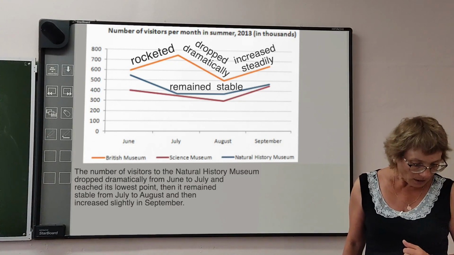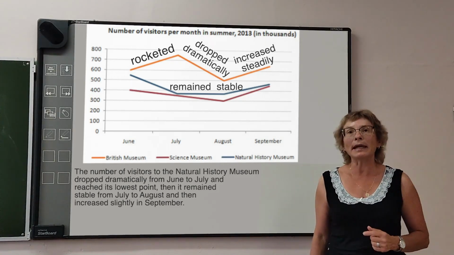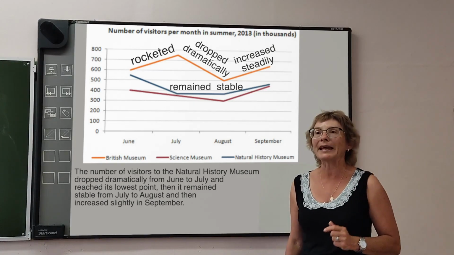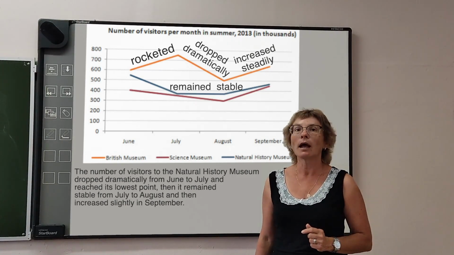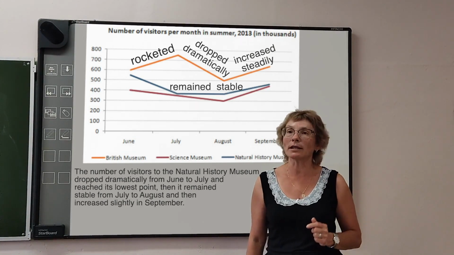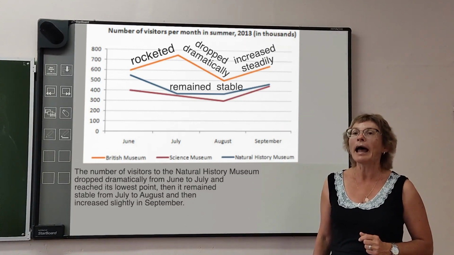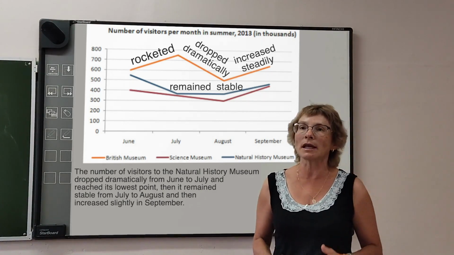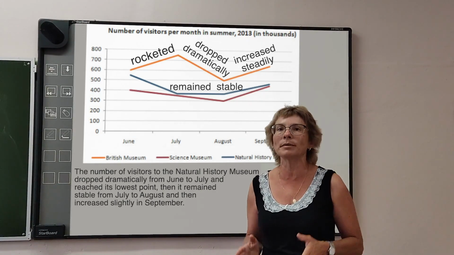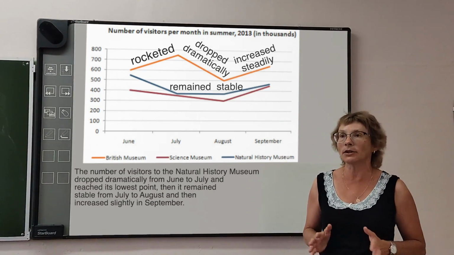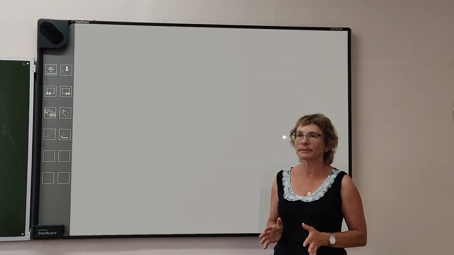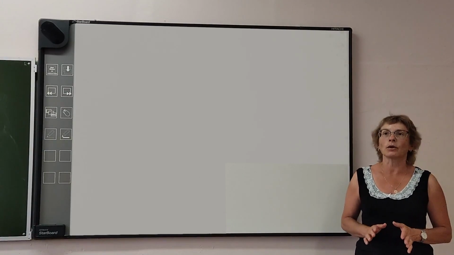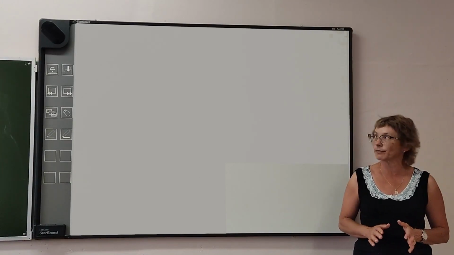Okay, and now make sure that you know the meaning of each word. If not, just Google the meaning, and then you will be able to use these adjectives, verbs, and adverbs in your explanations.